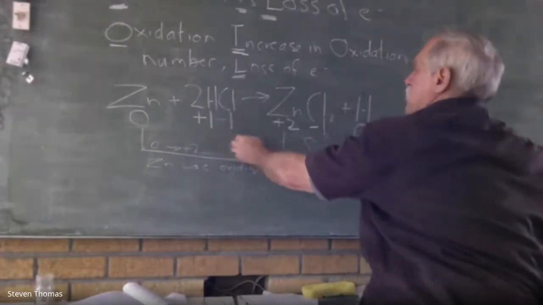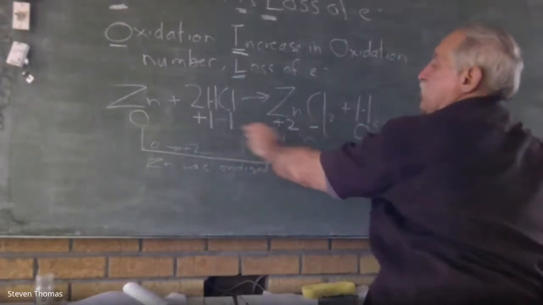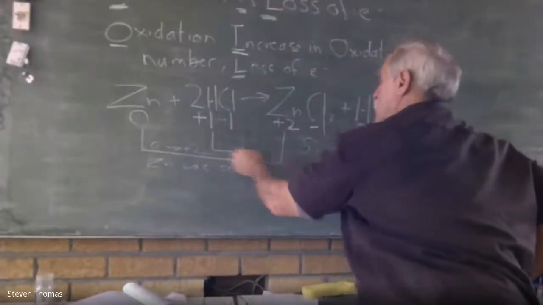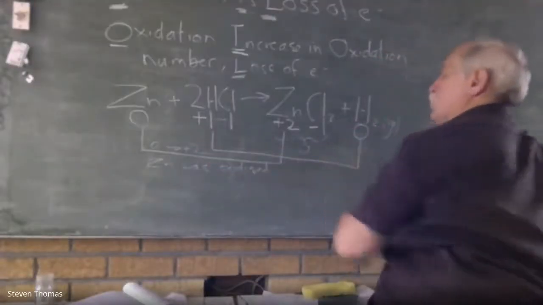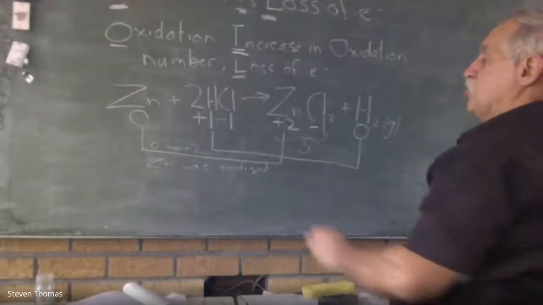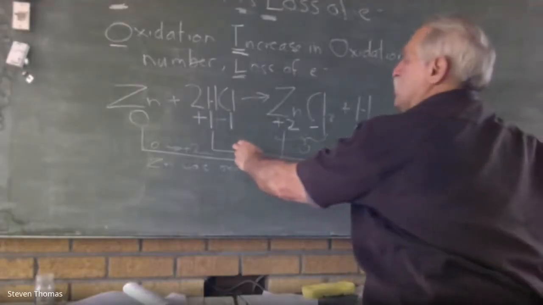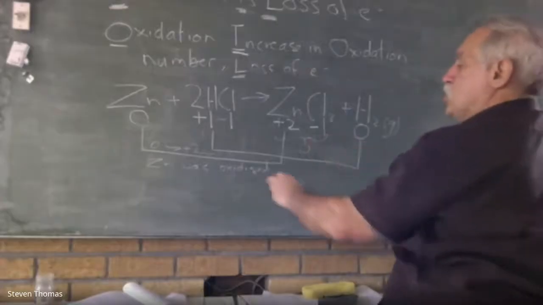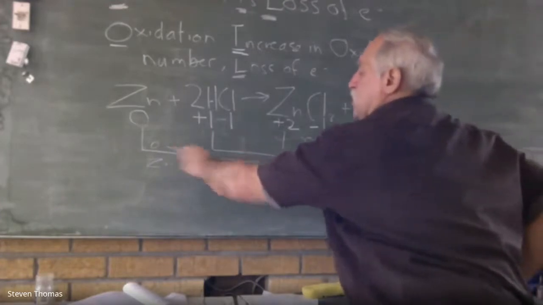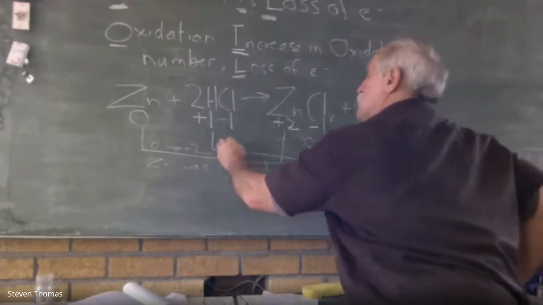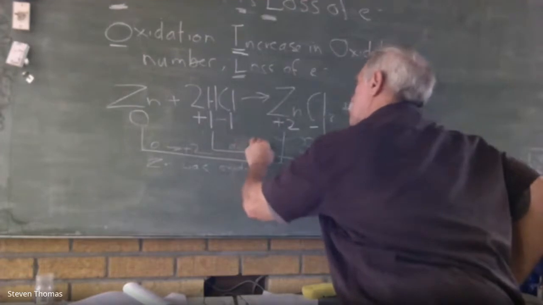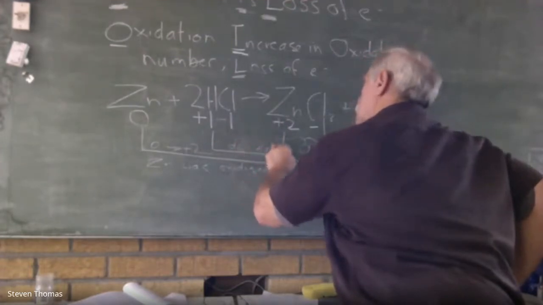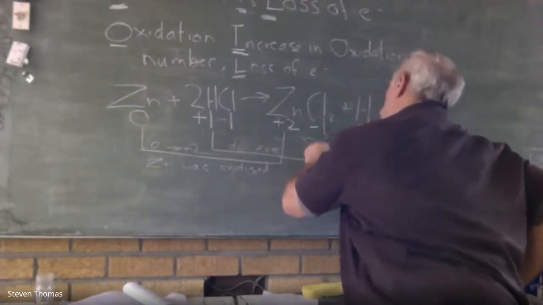It starts at -1, it ends at -1. But look at the hydrogen. It starts at +1 and it becomes 0. So now its oxidation number became less, it went from +1 to 0. So if an increase is oxidation, then a decrease is reduction. So H was reduced.